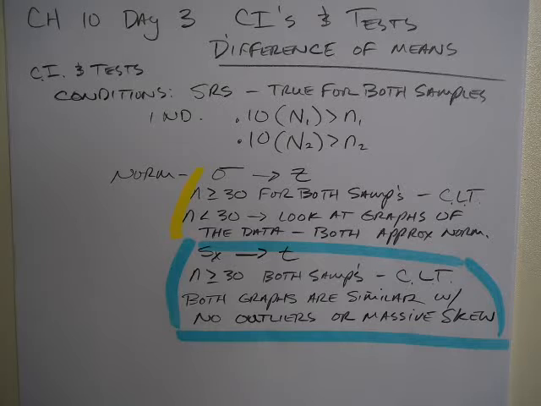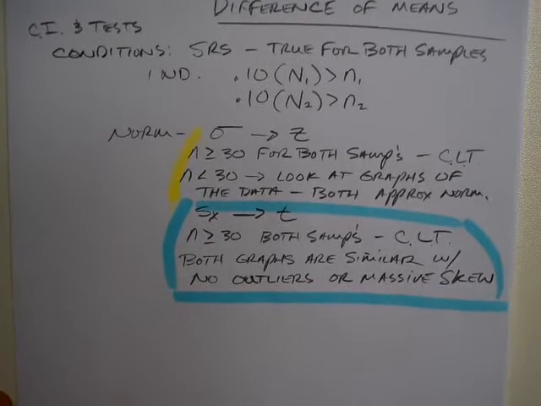In the last chapter, it didn't give us the option for sigma with what we were looking at, but this time it does. So you might run across it. So there are our conditions.